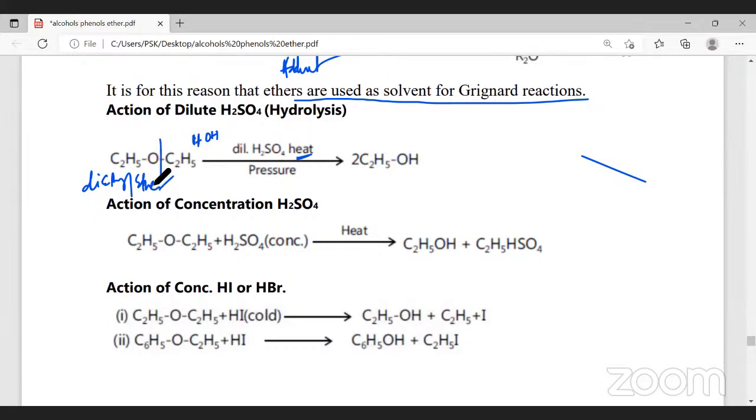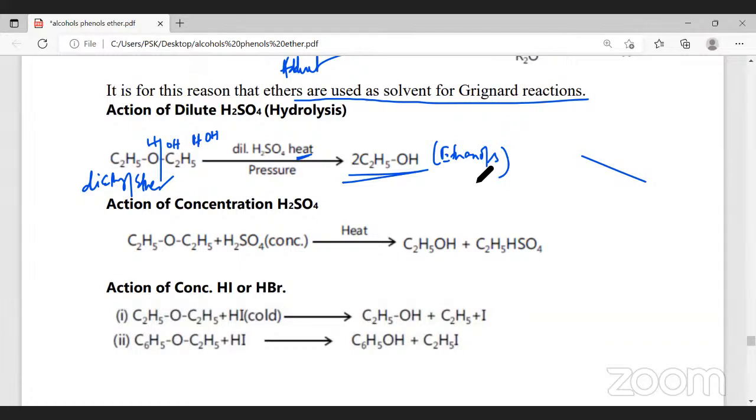Now if this bond breaks here, OH attacks this C2H5 and this hydrogen attacks oxygen. Therefore, we get 2 moles of alcohol. So when ethers are hydrolyzed with dilute sulfuric acid, dilute acids, the product we get is alcohols. Here in this example, it is ethanol.